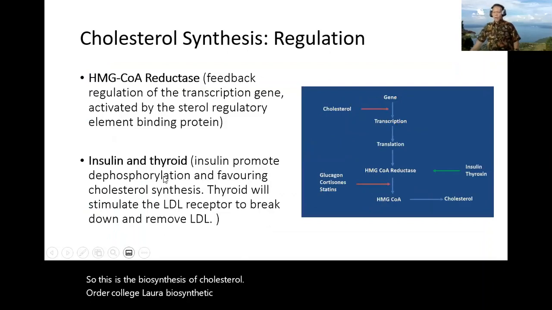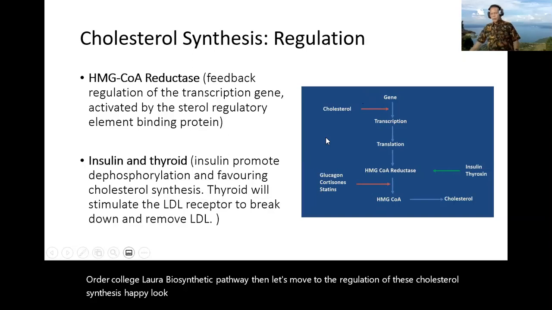Then let's move to the regulation of this cholesterol synthesis. Have a look at this picture on the right side.